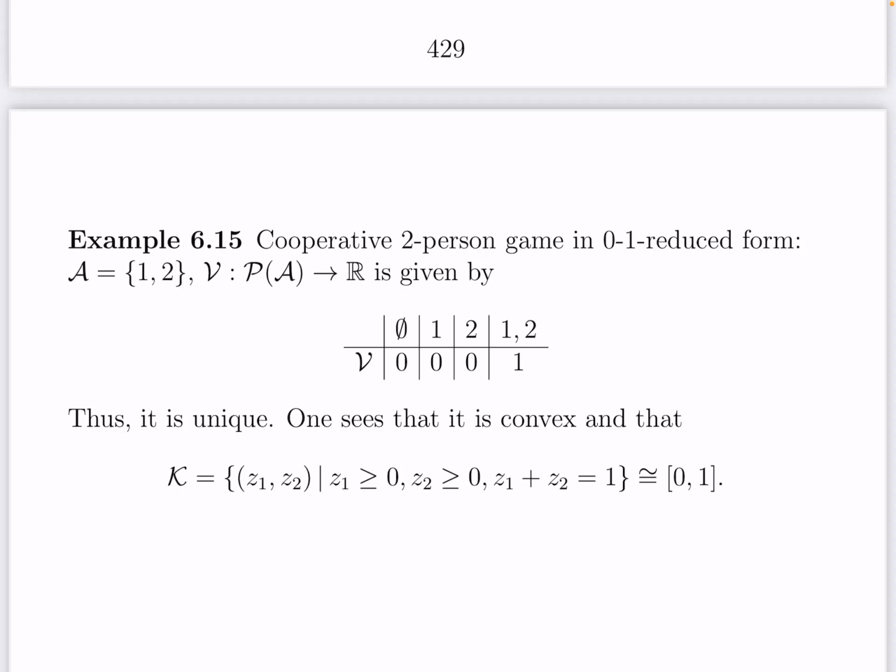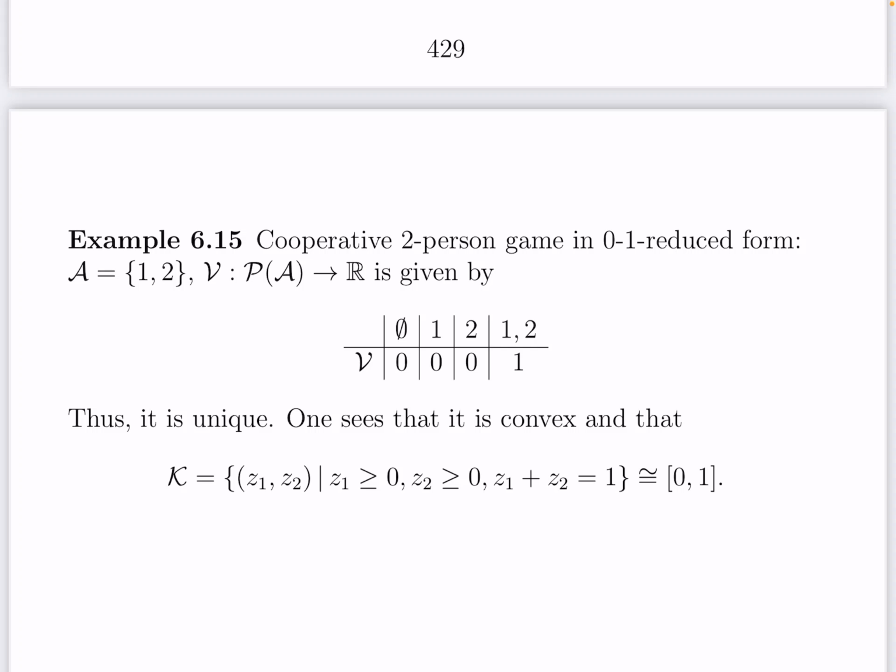So this game is unique, and of course it is convex, and one sees also that the core in this case consists of all the vectors with entries z1, z2, such that these entries are non-negative, and such that their sum is equal to 1. So here the core is isomorphic to the unit interval from 0 to 1.